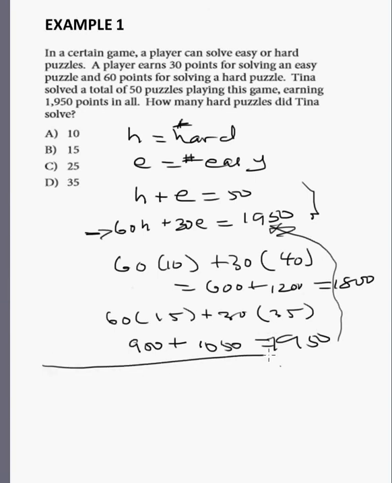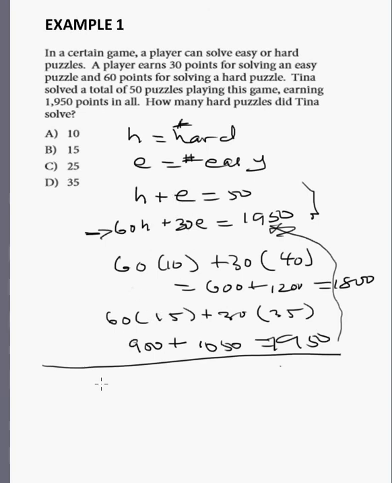But if you want to solve this algebraically, the smart thing to do is, when I take a look at these two equations here, remember, if I want H, I have to eliminate E. So let's multiply the first equation by negative 30, and that will eliminate it.